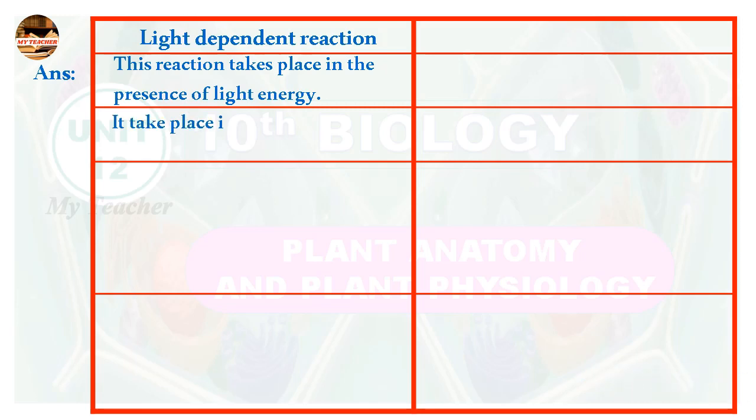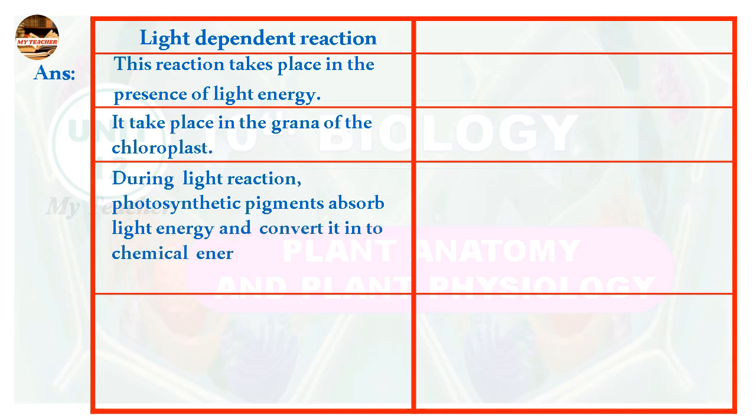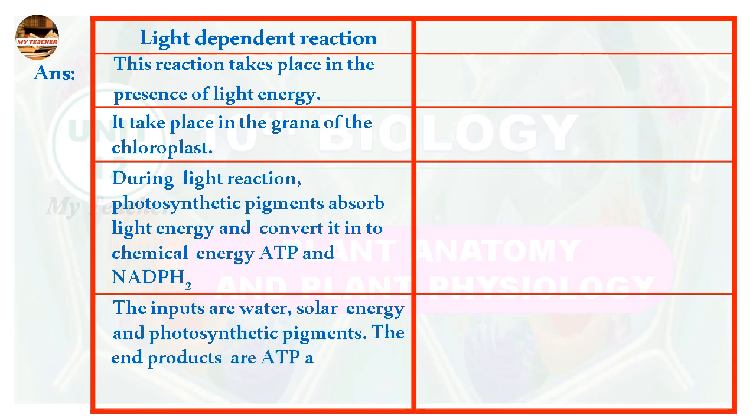It takes place in the grana of the chloroplast. During light reaction, photosynthetic pigments absorb light energy and convert it into chemical energy, ATP and NADPH2. The inputs are water, solar energy and photosynthetic pigments. The end products are ATP and NADPH2.